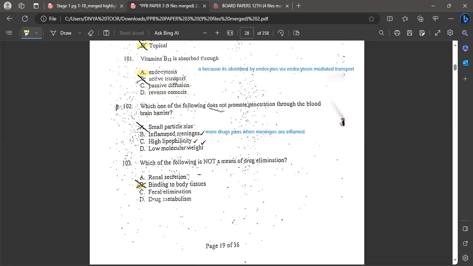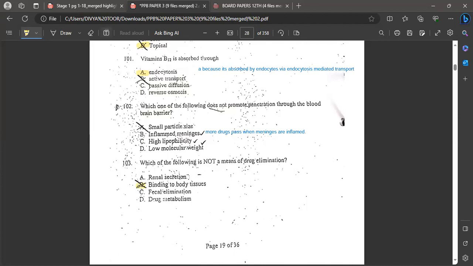Okay, so really, you're going with D. Yeah, I was thinking D. But low molecular weight makes more sense than small particle size. Google says generally only lipid soluble molecules with a low molecular weight cross the BBB.